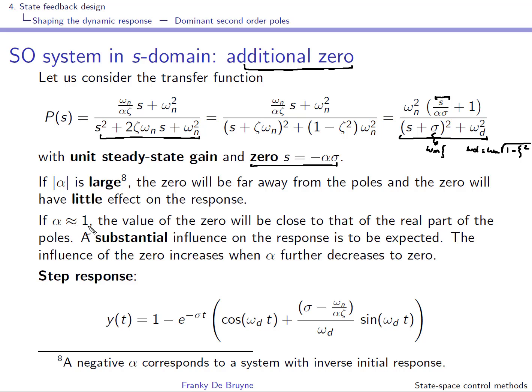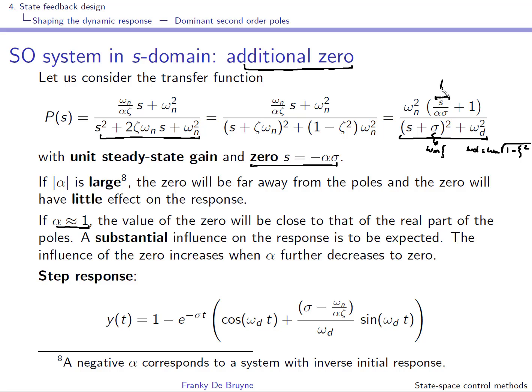If alpha is approximately 1, then the value of the zero will be close to the real part of the poles, and a substantial effect can be expected, as you can see over here. And when the value of alpha decreases to 0, the influence of the zero will further increase.